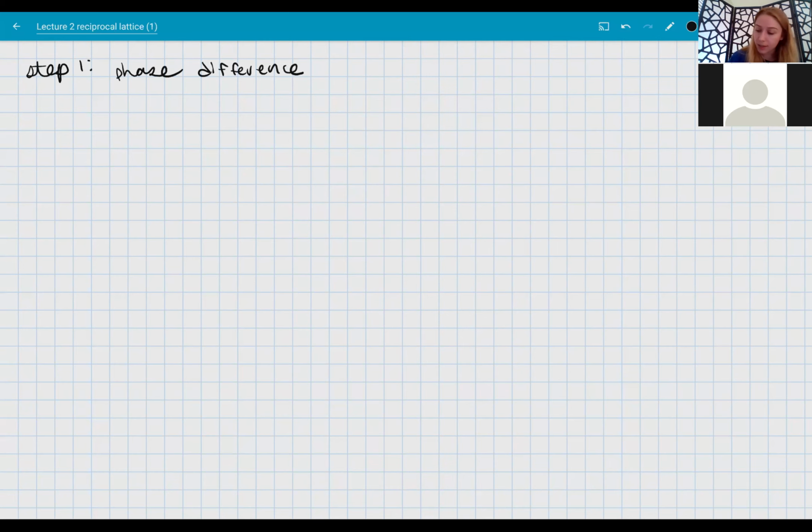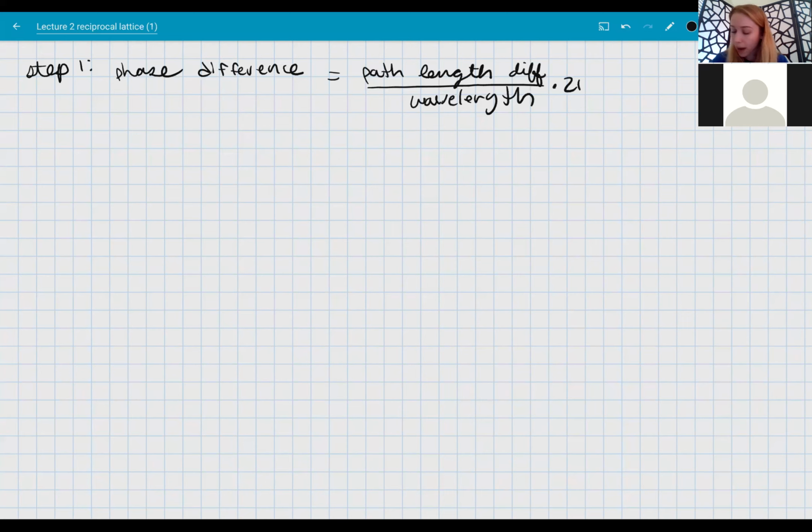This is equal to the path length difference divided by the wavelength. This piece tells us how many wavelengths fit into the path length difference, and then times 2 pi, it tells us the fraction of a full cycle.